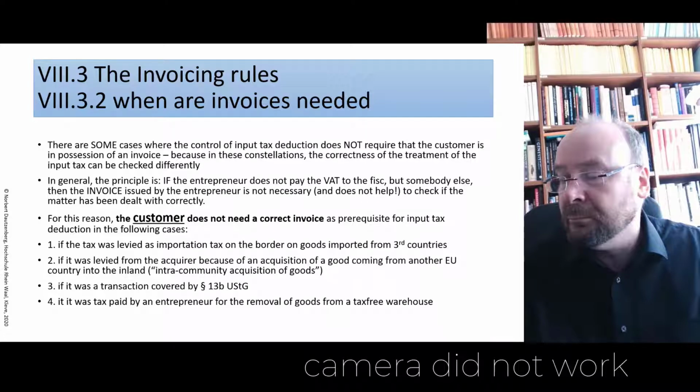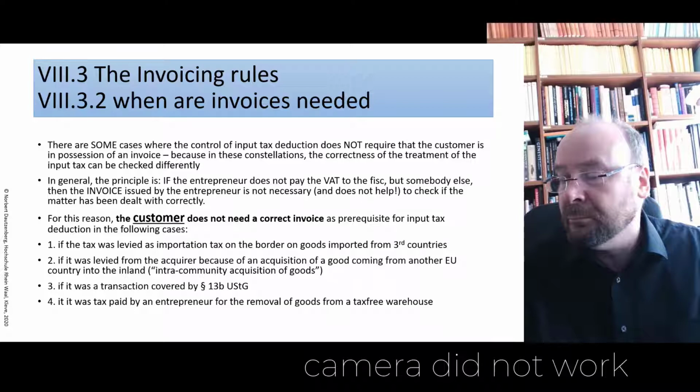The same in case of an intra-community acquisition of goods. You declare the tax for that, let's say on page 3 of your tax declaration, you deduct it as input tax on page 4, so one can simply check your own tax declaration. The invoice is not needed as a document of proof.